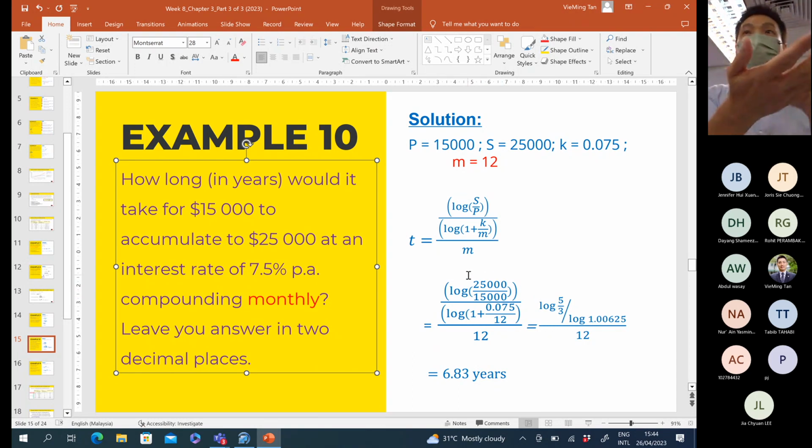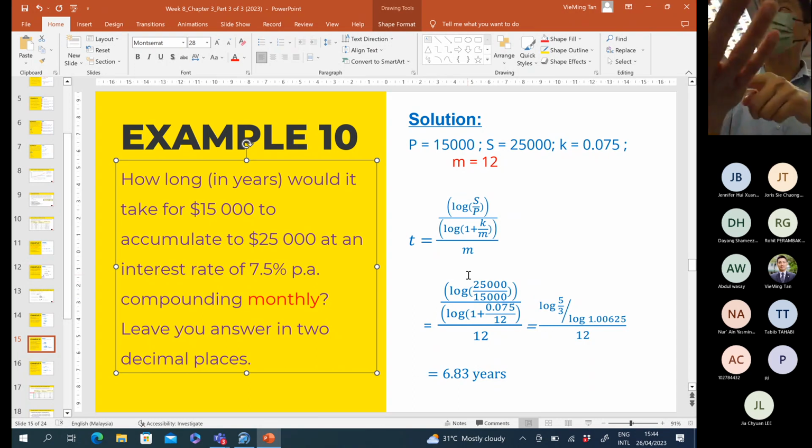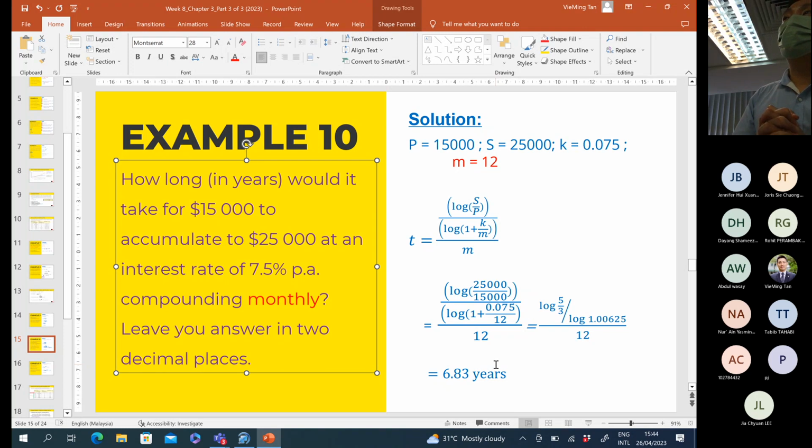You may need to use a calculator to simplify the log value. Log 5/3 divided by log of this one, then over 12. You'll get 6.83 years. The challenging part is you must know how to use the calculator for the function of log.